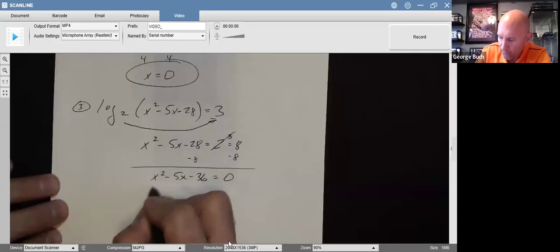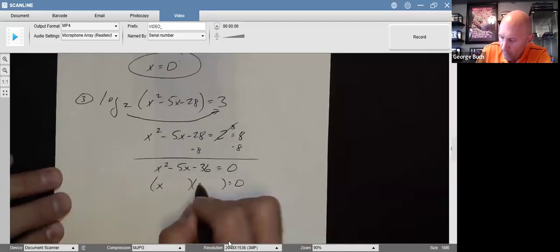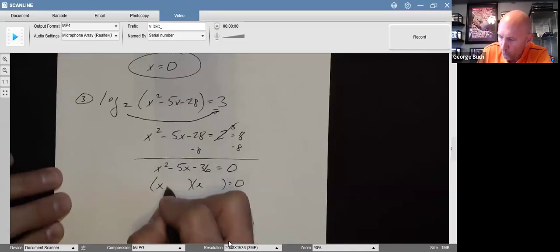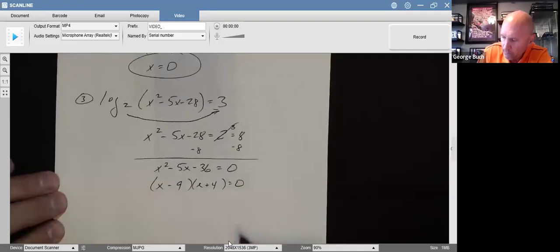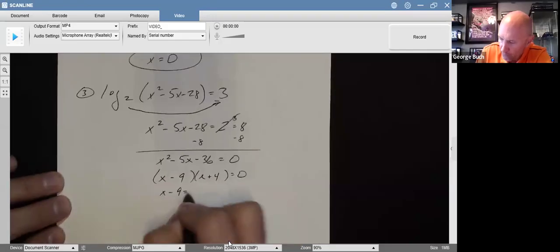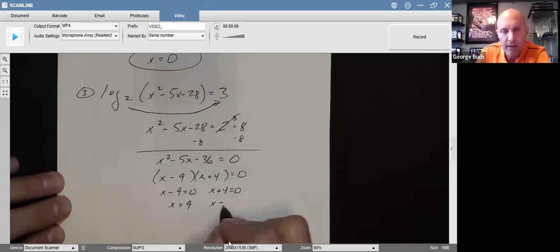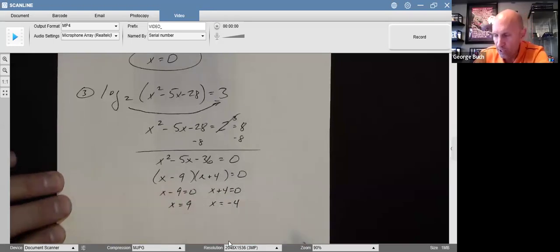Now I can factor. So I can get negative 9, positive 4. So by zero property rule, x minus 9 is 0, x plus 4 is 0, x equals 9, x might be 9, x might be negative 4. Let's check them.